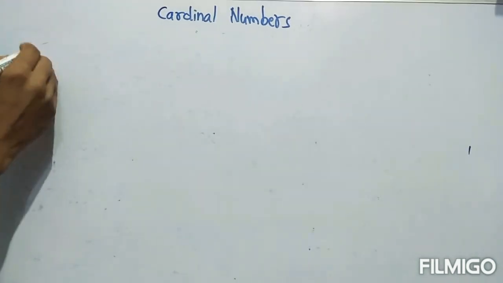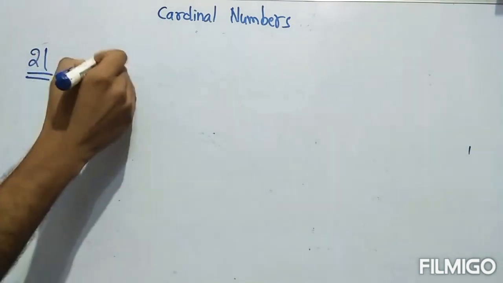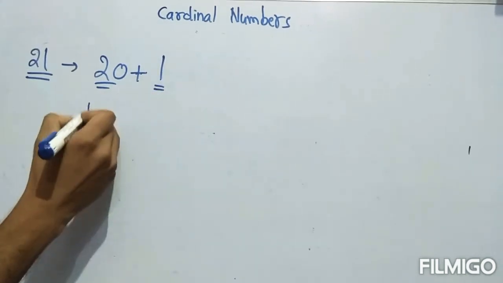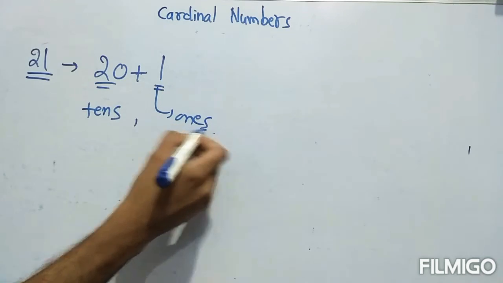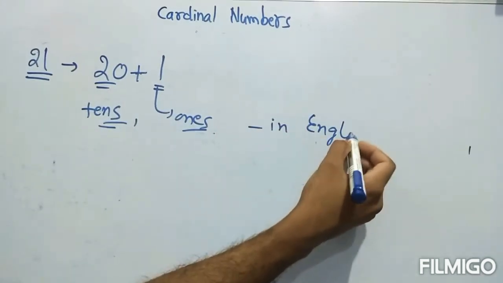So now we learn 21. We write 20 plus 1, tens and then ones, in English.